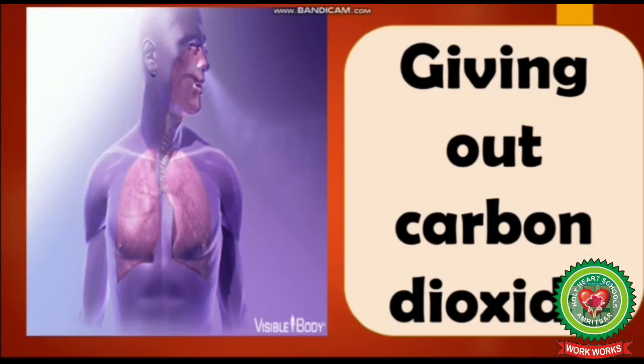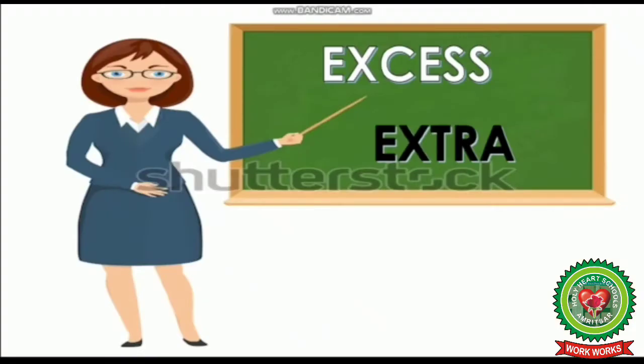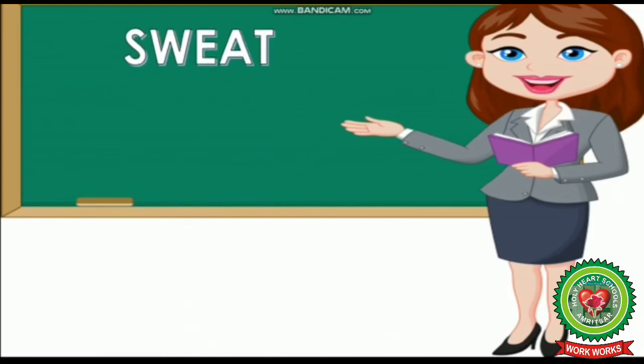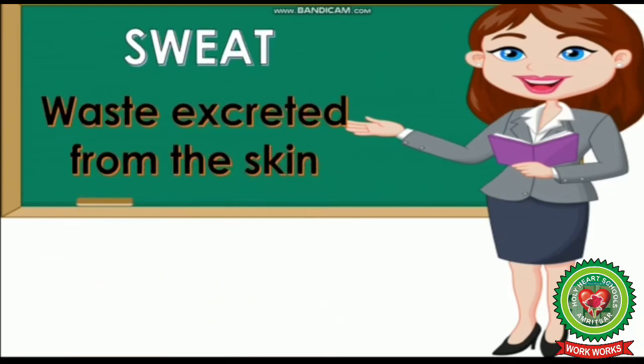And the last is skin, which helps to remove excess water and salt in the form of sweat. Underline the word excess and write its meaning: extra. Now underline the word sweat and write its meaning: waste excreted from the skin.